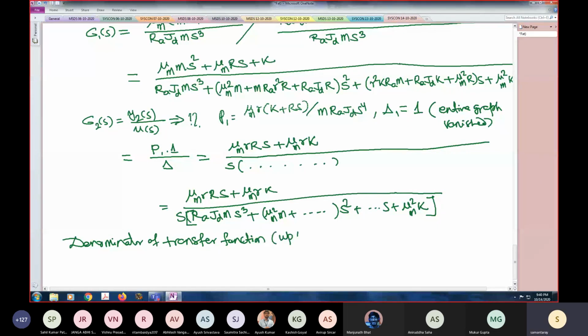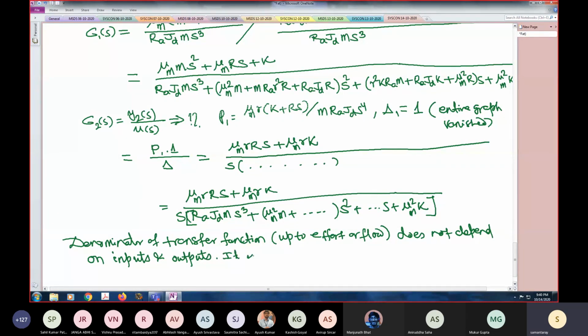Up to effort or flow, excluding that extra integration, does not depend on inputs and outputs. It is a property of the system.